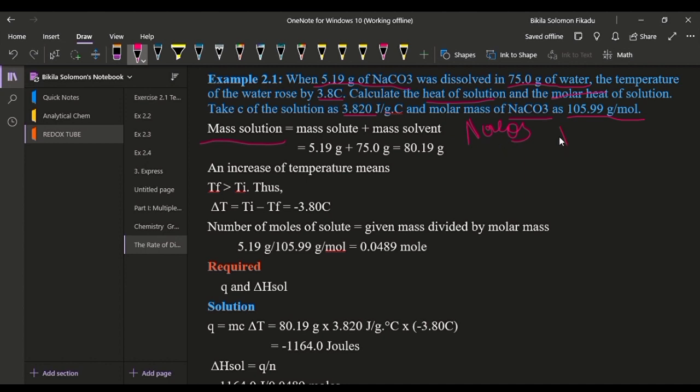Plus our solvent is water. So 75 immoo kan mass solvent of water jechuudha. So gaafa isaanii walitti daaname 8.19 gram arganna jechuudha. So an increase of temperature means changes of temperature jechuudha.